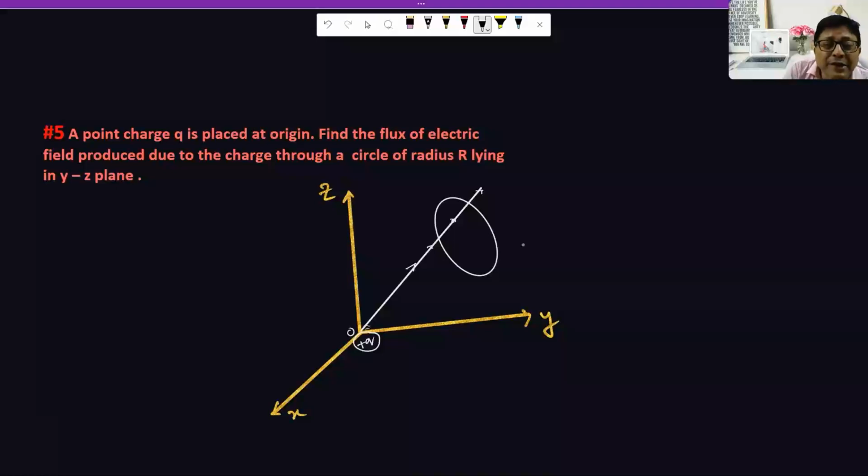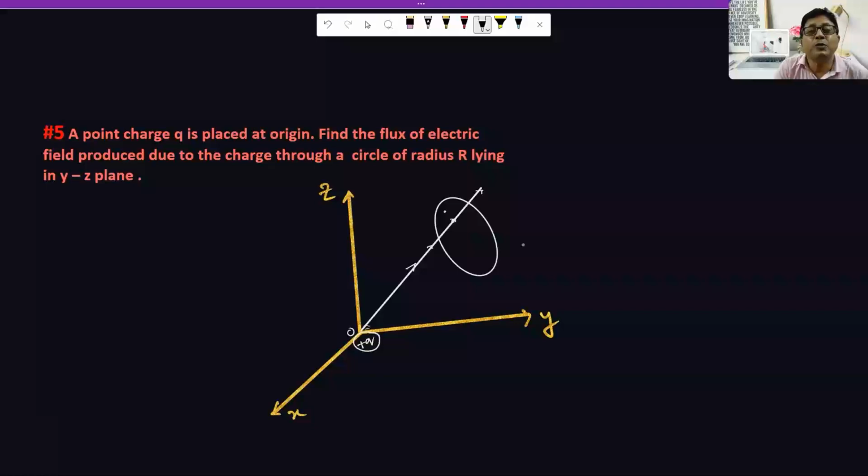If you take a point here, the strength of electric field changes because of distance changing. One can say that it is because of the angle with the y-axis changing. So you have to divide in such a manner that on the elemental portion, at every point, the strength of electric field and direction remains the same.